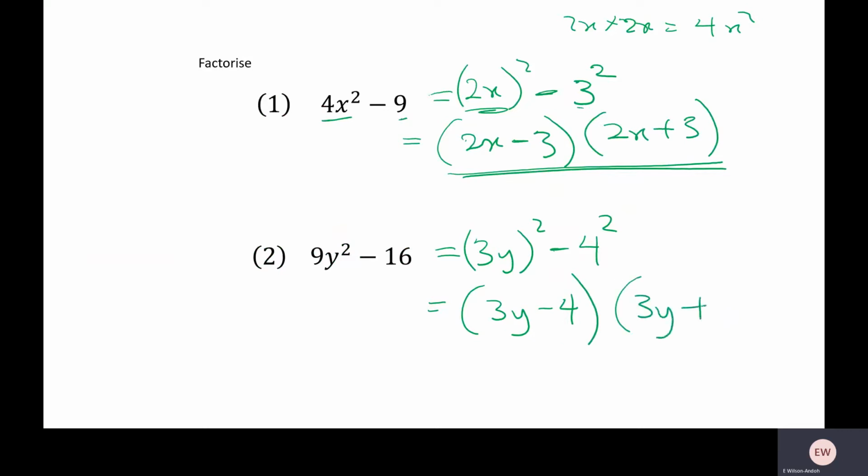We write 3y plus 4, and this is the factorization. So when you expand the two brackets, you are going to get 9y squared minus 16.